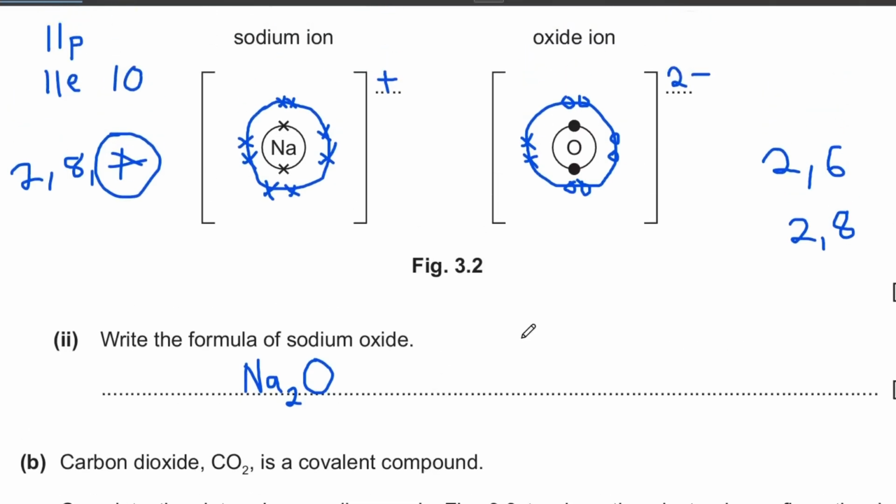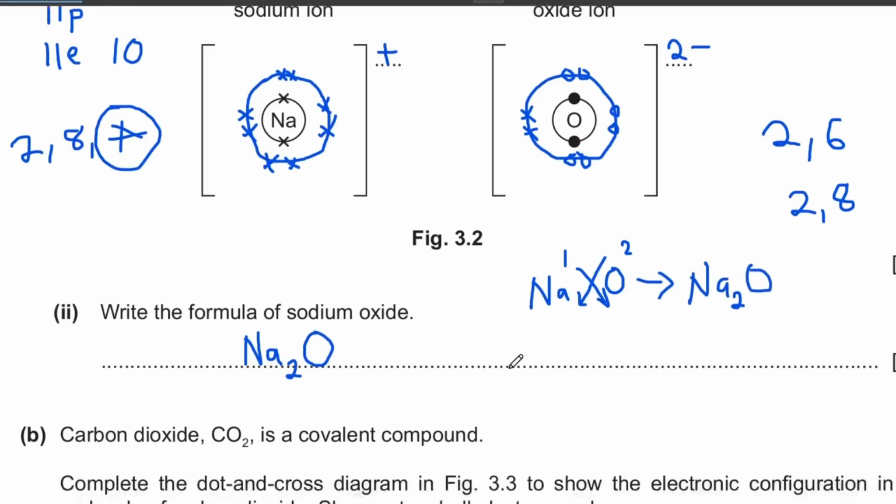Another way you can do that is write your sodium with the charge 1 here, oxygen with 2, and you swap them. This comes here and this comes here, which will give us Na2O. So same thing.